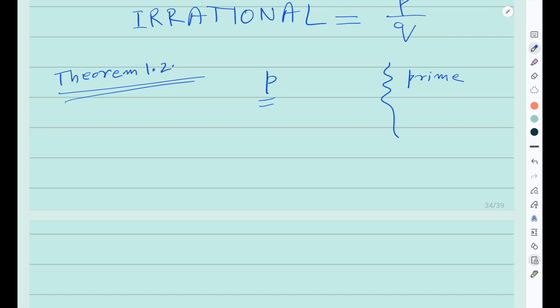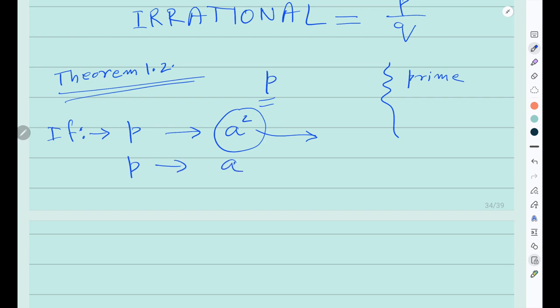If P divides a square, and what is a square? a is a natural number and then squared. So it is telling that if P divides a square, then P divides a also.